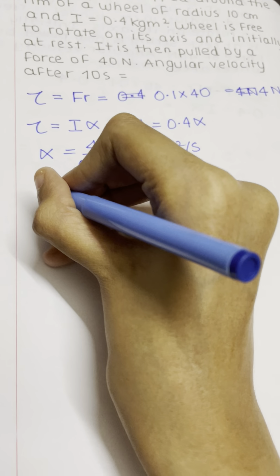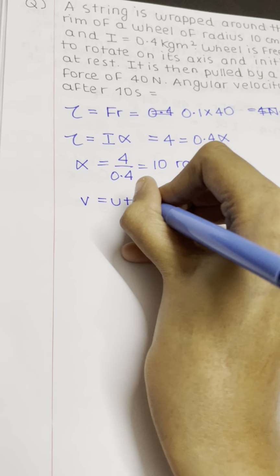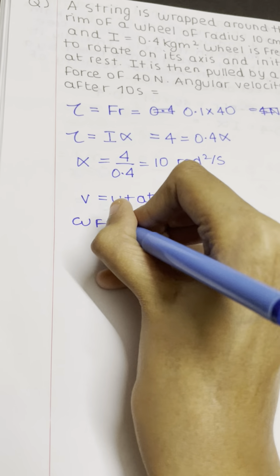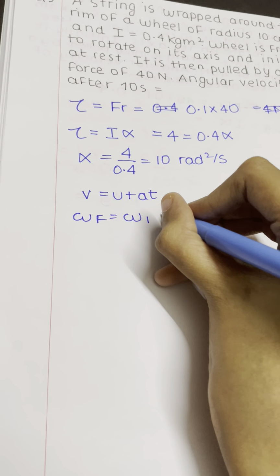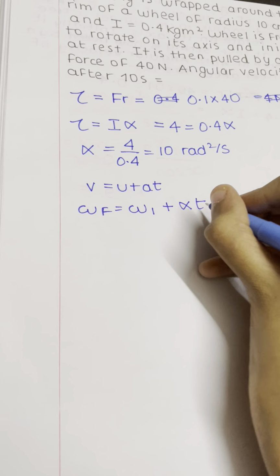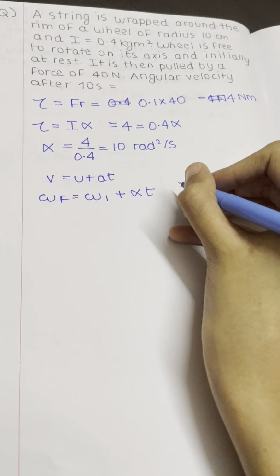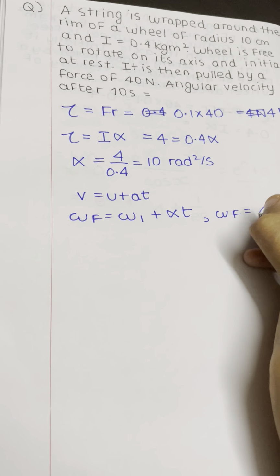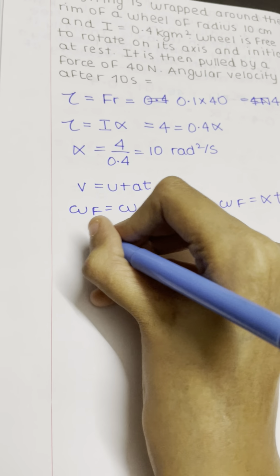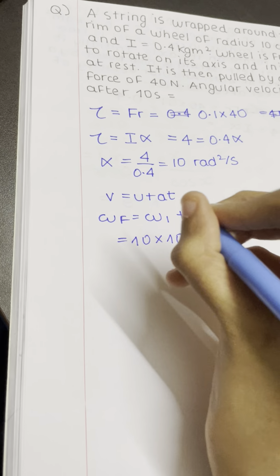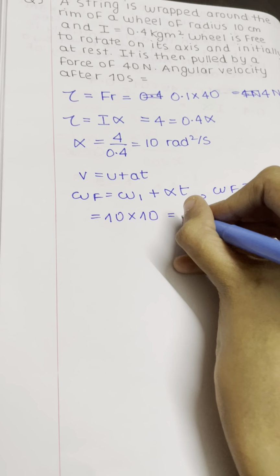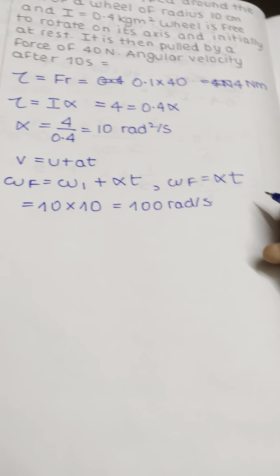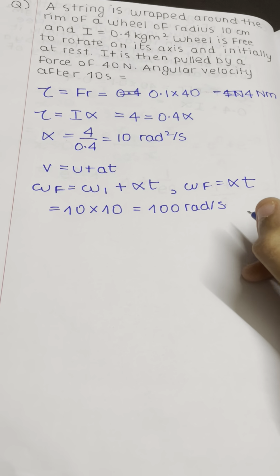So V equals U plus AT becomes omega final equals omega initial plus alpha t, and omega initial is 0 because the wheel was initially at rest. Therefore omega final equals alpha times t, which is 10 radians per second squared times 10 seconds, equal to 100 radians per second. So that is the final answer. After 10 seconds, it's going to be rotating at 100 radians per second.